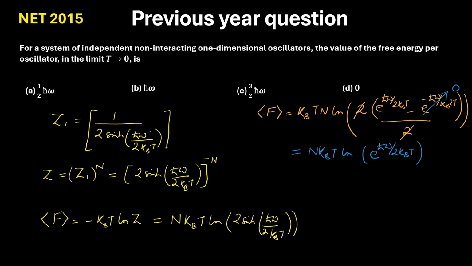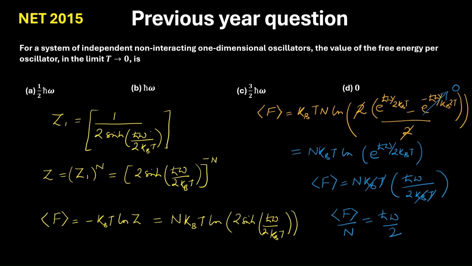So log and this exponential cancel, then we get F is equal to n kBT into h bar omega / 2 kBT, so the Boltzmann constant cancels out. Then we can express F by n, that is the free energy per oscillator. This is equal to h bar omega by 2. So option A is the correct answer.